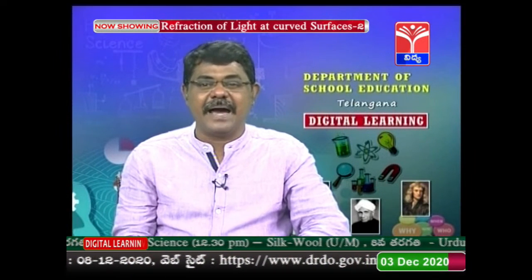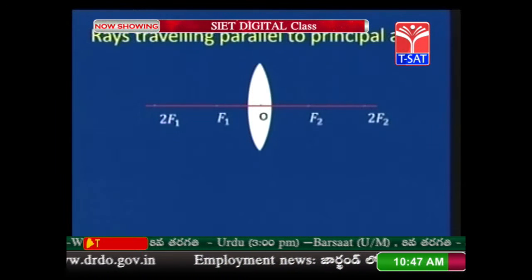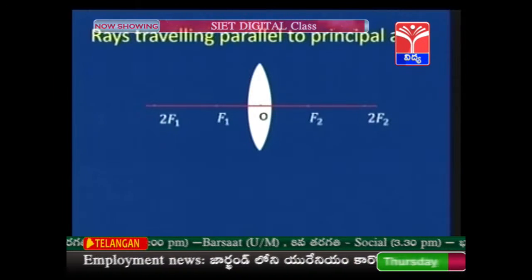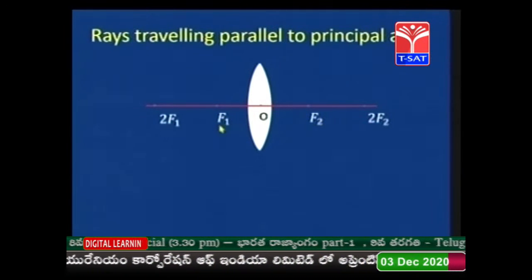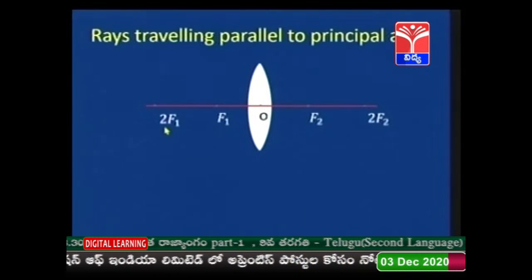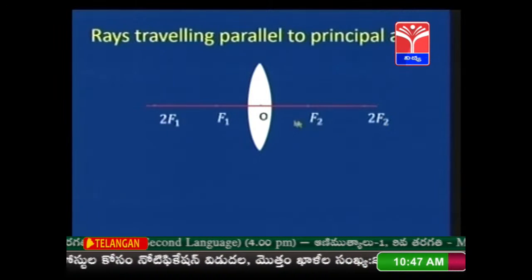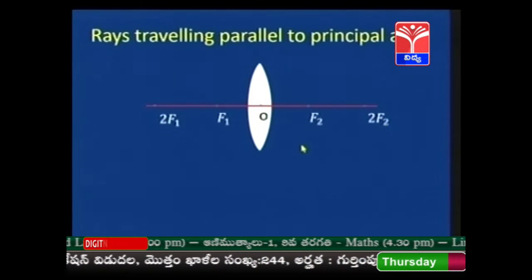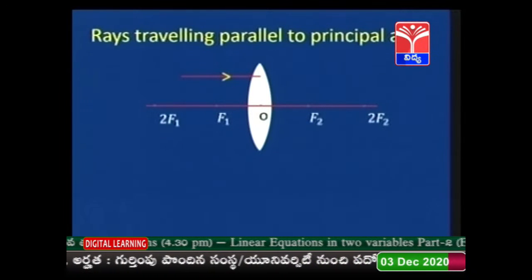When the ray travels parallel to the principal axis, this is a convex lens, a biconvex lens. F1 and F2 are the principal focus, and 2F1, 2F2 are the distances which are double to F1 and F2, and this is the light ray which is parallel to the principal axis.